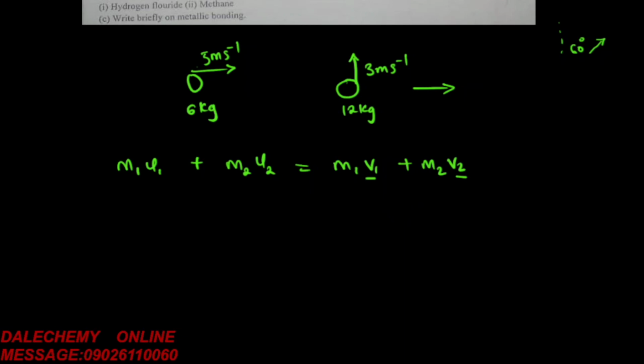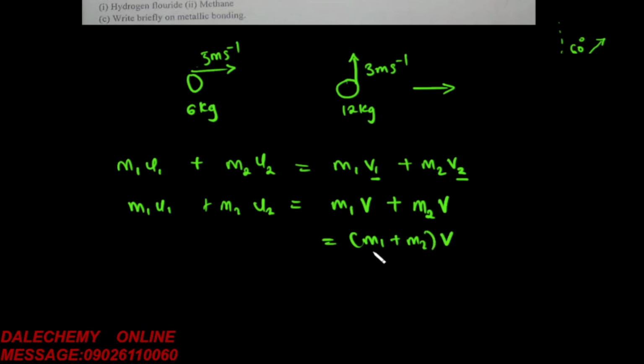So in this case, we can start from there actually, because the velocity of the first object and that of the second object are the same after collision. We have m1 u1 plus m2 u2 equals m1 v, let's represent that with v, plus m2 v, the common velocity. So you can factorize v out and we have (m1 plus m2) v equals m1 u1 plus m2 u2.